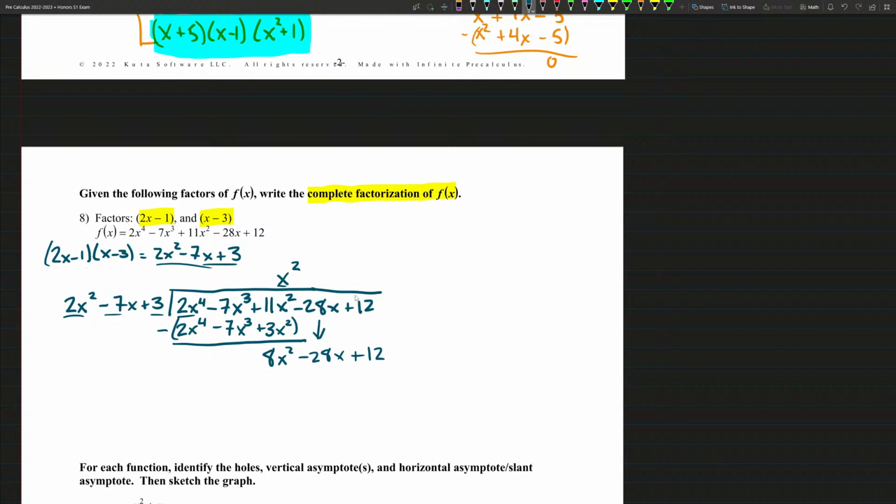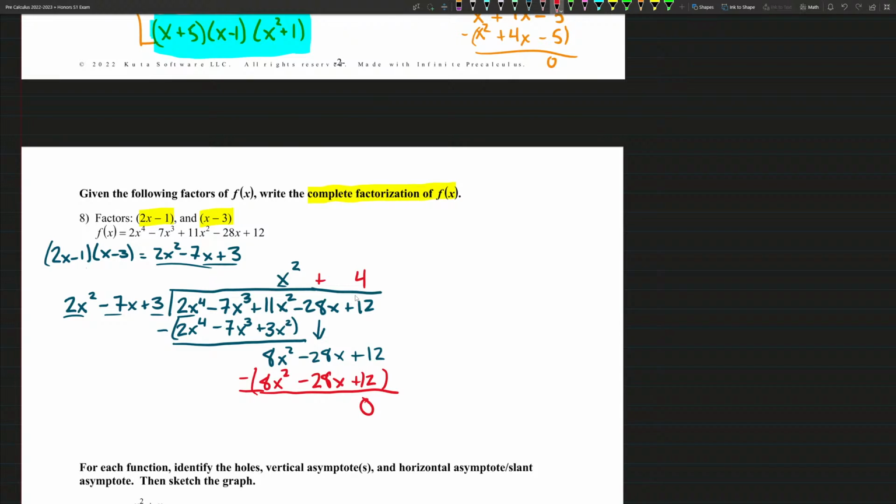2x squared goes into 8x squared 4 times. So 2x squared times 4, that's 8x squared. Negative 7x times 4 is negative 28x. And 3 times 4, that's 12. There's no remainder, which is good.